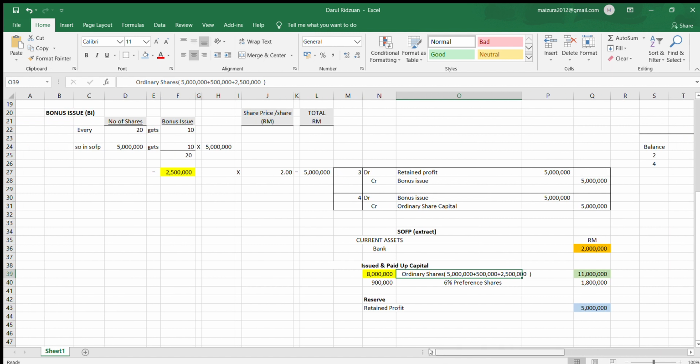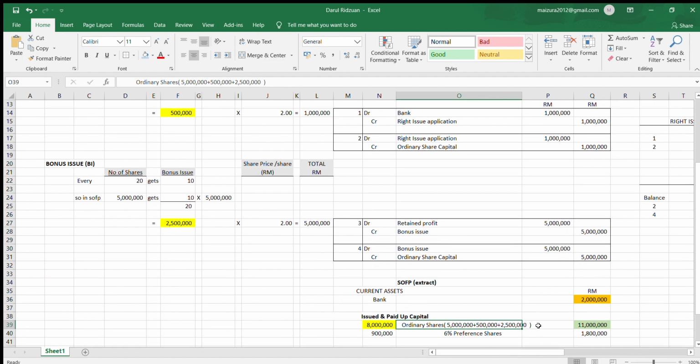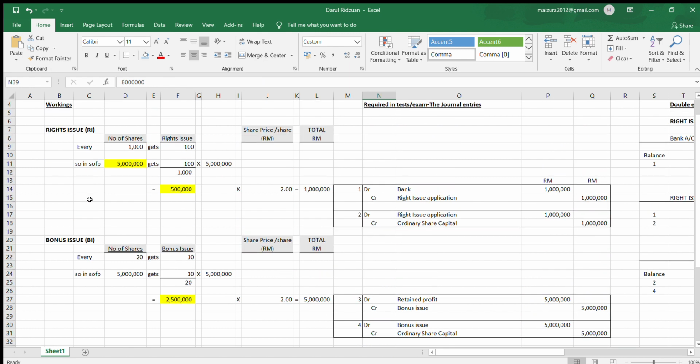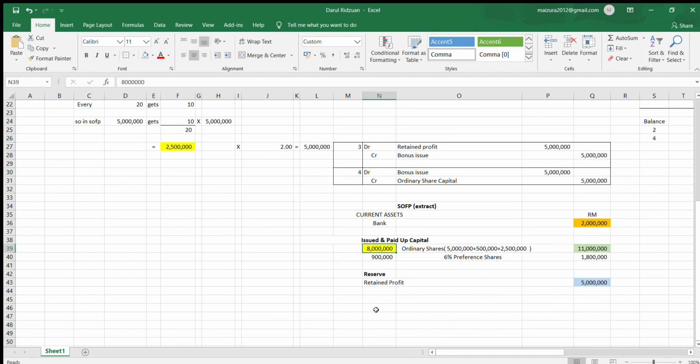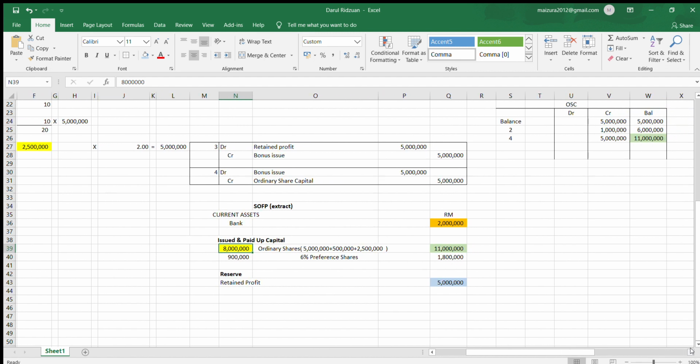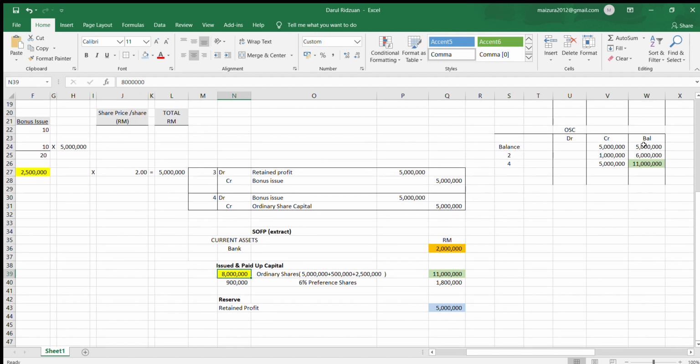And how are you going to get the answer of 8 million? Yes, the number of shares, not the RM, is the existing number of shares 5 million plus right issue 500k and bonus issue of 2.5 million. So this is the total number of shares, indicated in the yellow color there. And how you get 11 million is from the ordinary share capital account: the existing share plus right issue and plus bonus issue, 11 million.